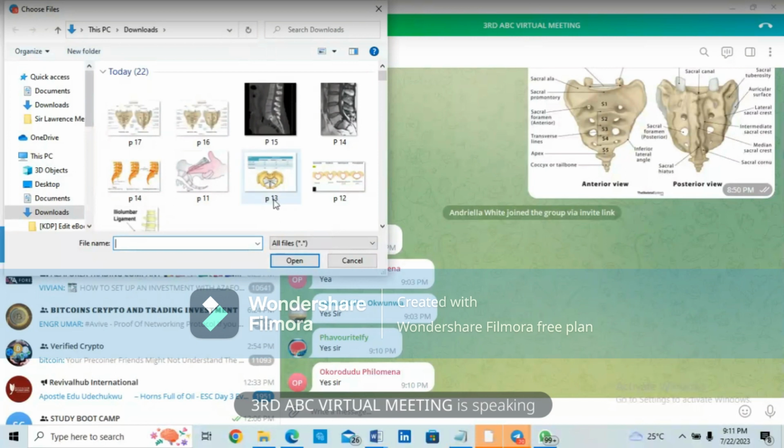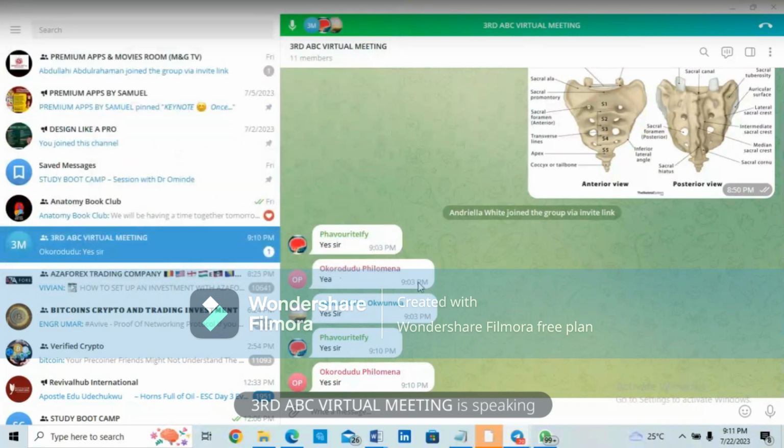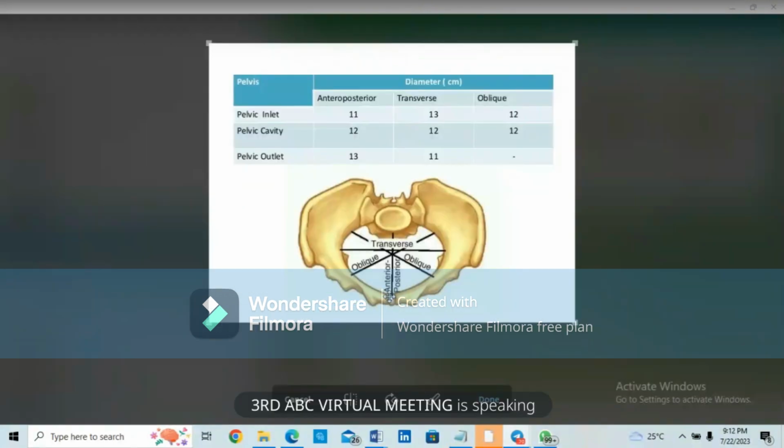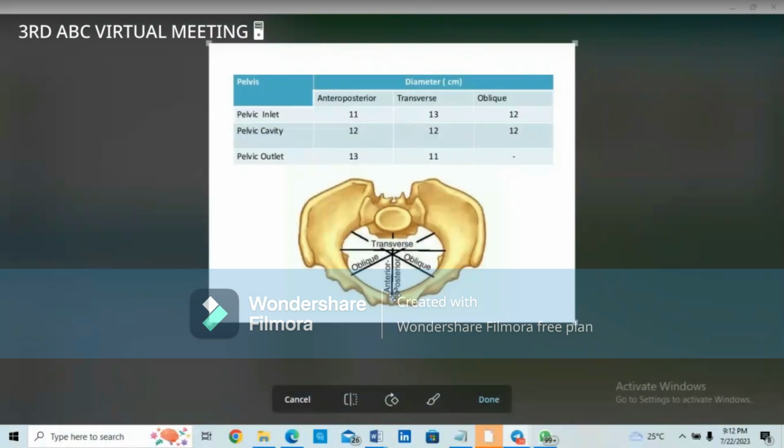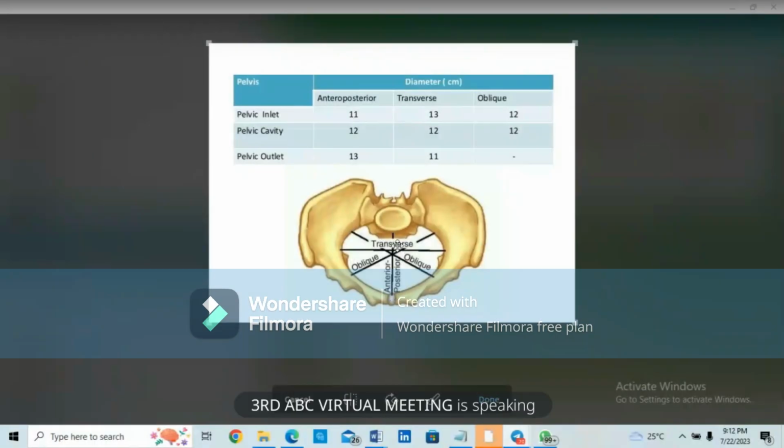Let me show you that with a diagram so that you understand. It usually extends from the posterior superior aspect of the pubic symphysis down to the sacral promontory. But they usually use two fingers, the index finger and the middle finger, which the clinician inserts into the vagina.